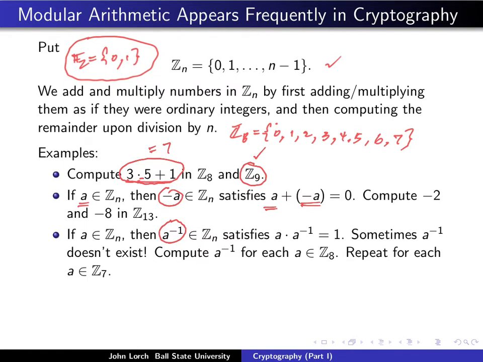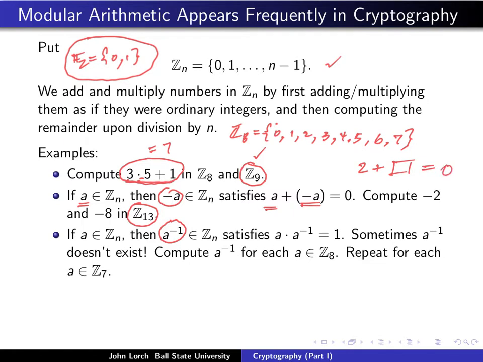So we're going to make some computations of additive inverses inside of Z13. The first question is, what is minus 2 inside of Z13? To answer that question, we need to know what number we add to 2 in order to get 0 inside of Z13.